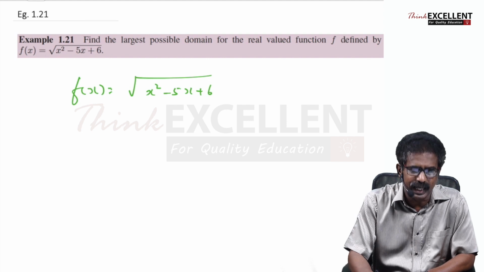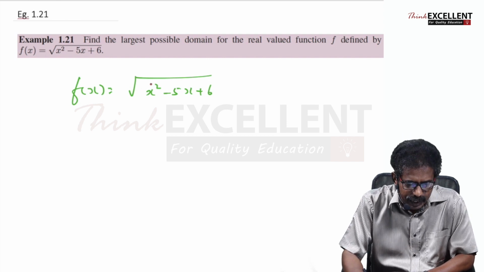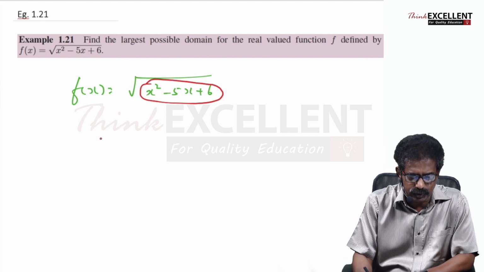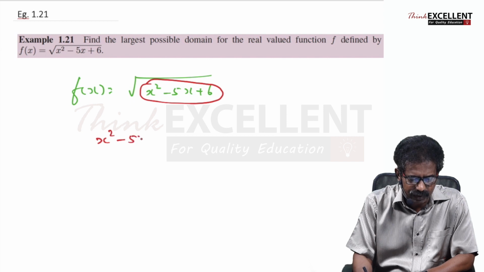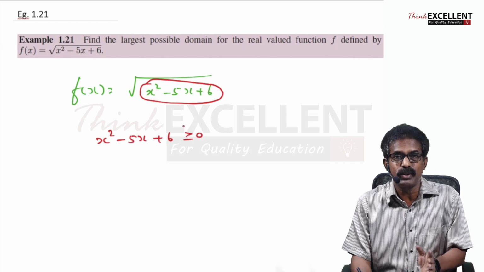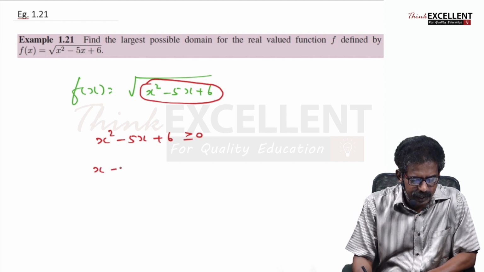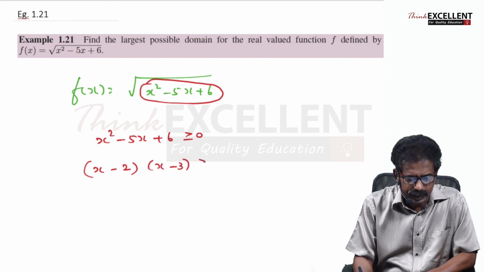When root is there, already I said, you take this part inside. This must be greater than or equal to 0. So x square minus 5x plus 6 greater than or equal to 0. If it is equal to 0, you just solve it. Can you factorize it? x minus 2 into x minus 3 greater than or equal to 0.